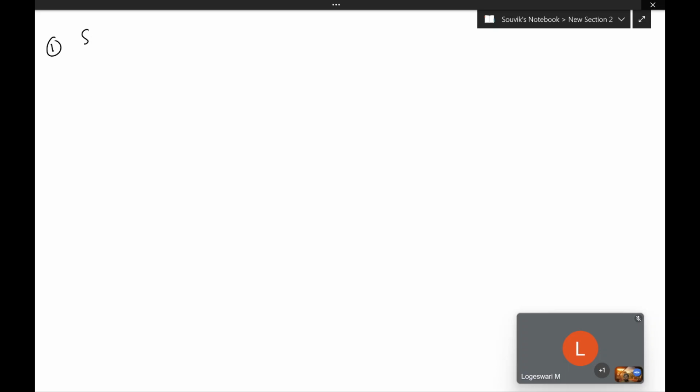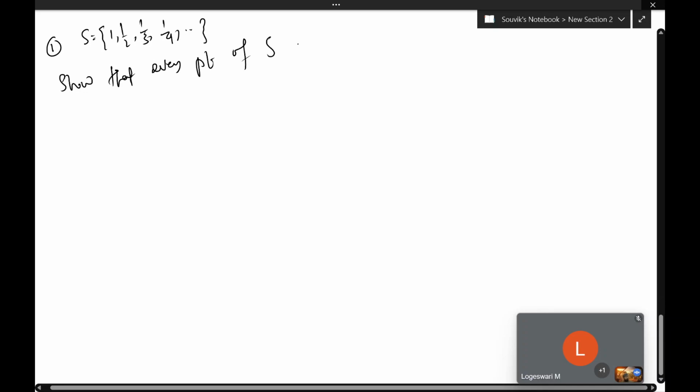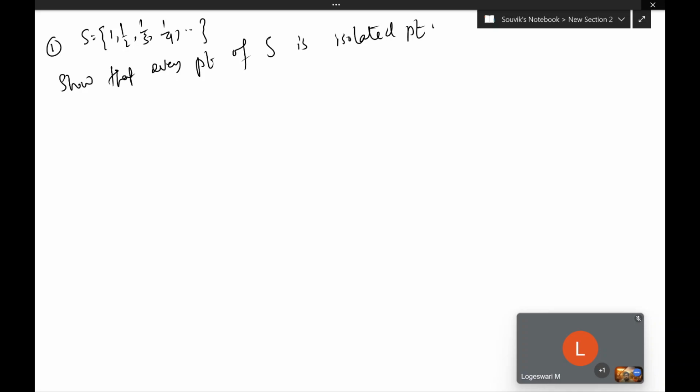So first consider the set one, one half, one third, one fourth, and so on. Then show that every point of S is an isolated point. But by isolated point we mean what?